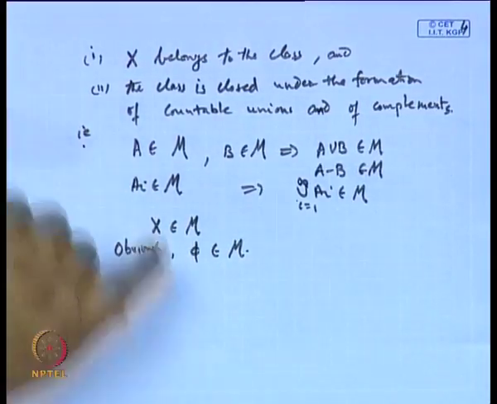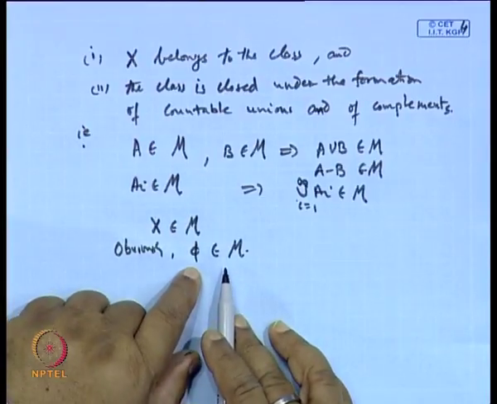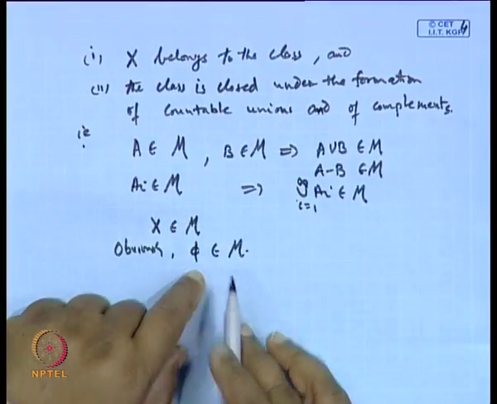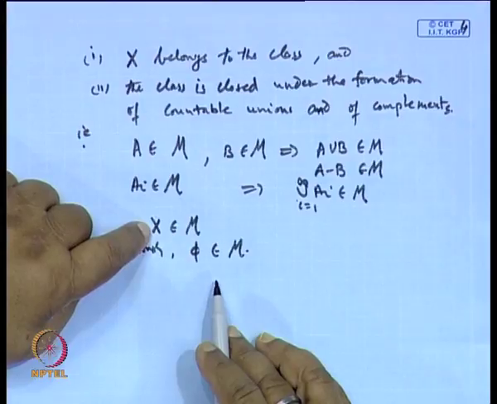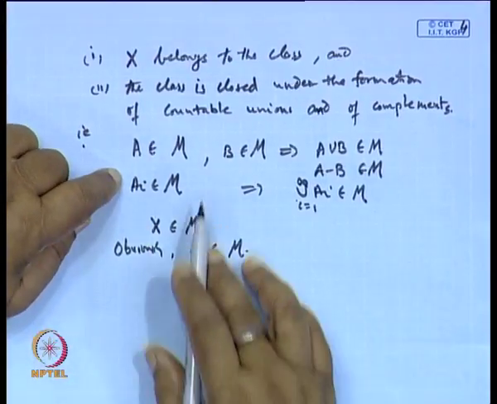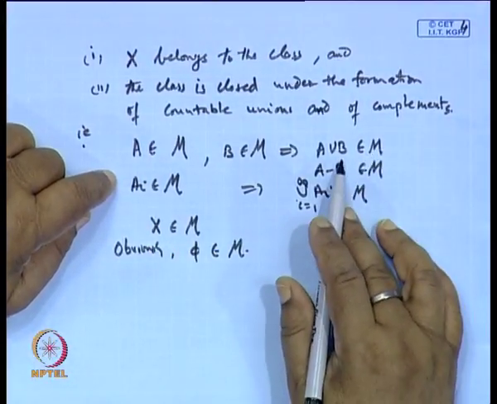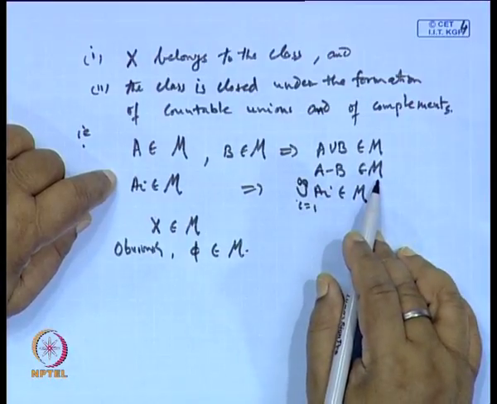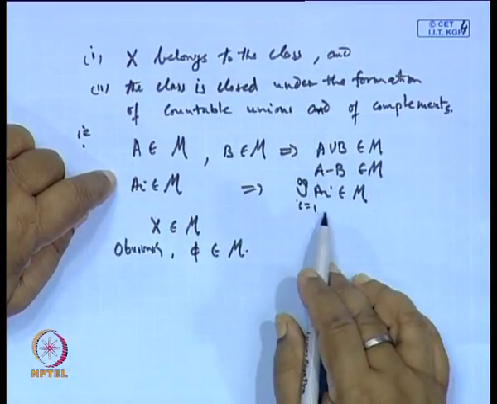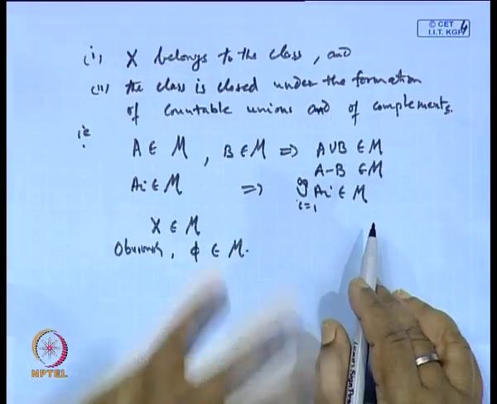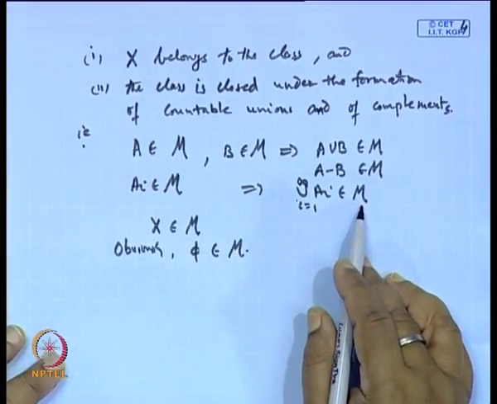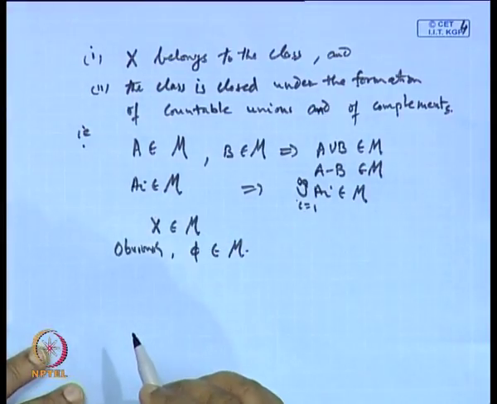Now, it is easy to verify that empty sets are Lebesgue measurable sets, X is also a Lebesgue measurable set, okay. And if A, B are there, then A union B and A minus B will be available in the Lebesgue measurable sets, and countable unions too. So, the class M of Lebesgue measurable sets is basically a sigma algebra.